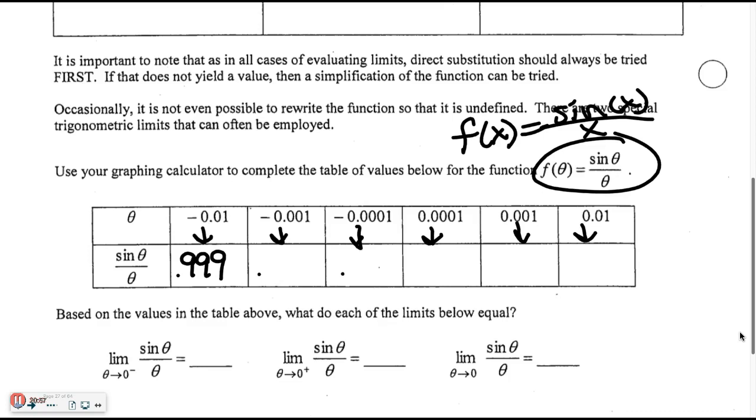What is it? I got 0.999. I got 1. And who are you? 0.001. Yours rounded to 1? Yeah. Okay, how about right here?